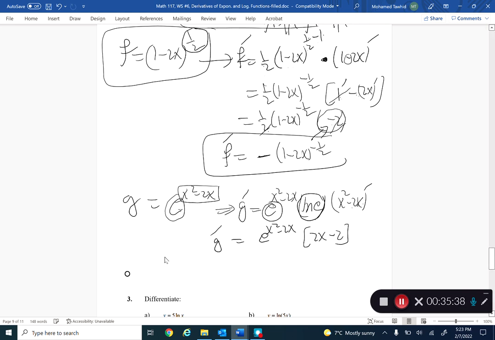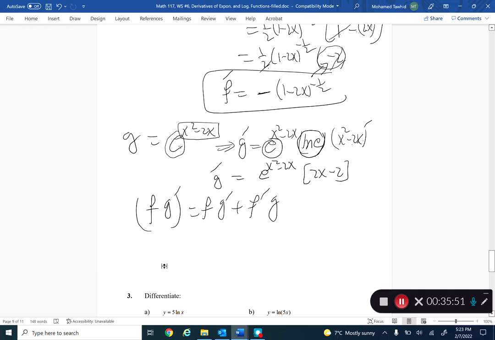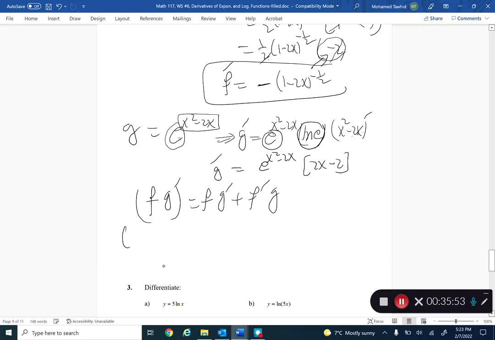Right? So now, what is the rule? The derivative of f multiplied by g should be f g prime plus f prime g. And that is what I need: the derivative of 1 minus 2x to the power 1 over 2 multiplied by e to the power x squared minus 2x, the whole thing prime. So that is your f, and that is my g. Equal what?